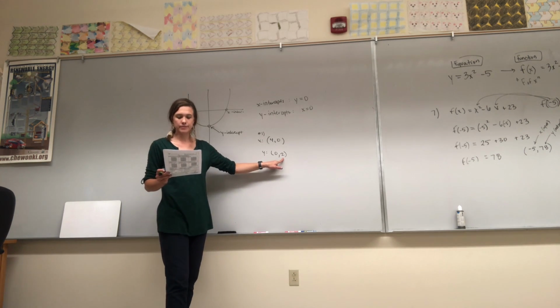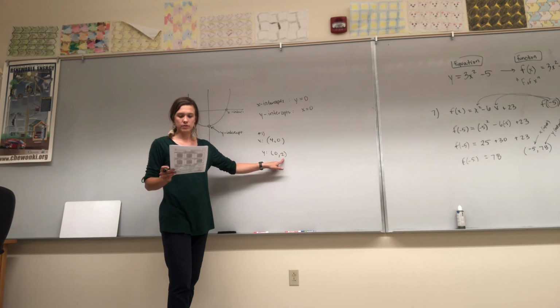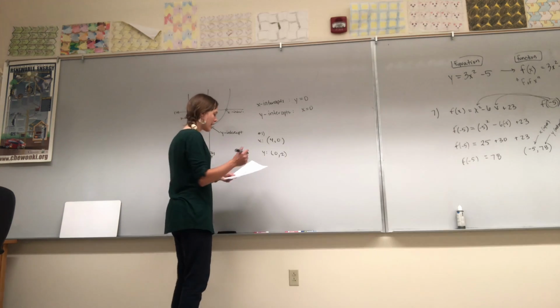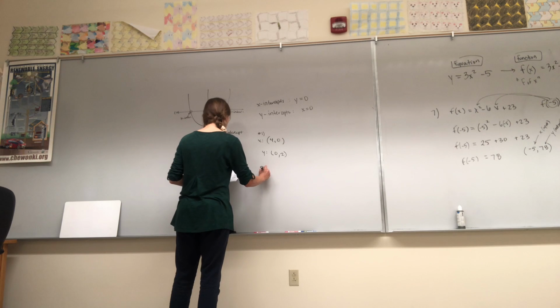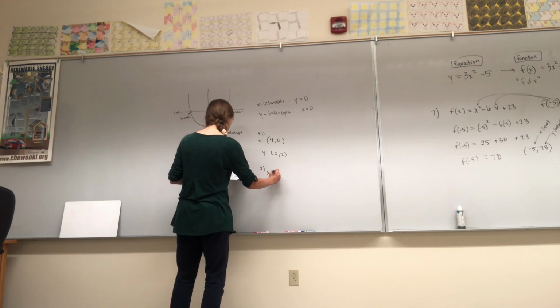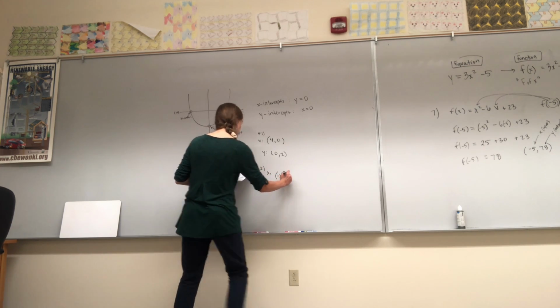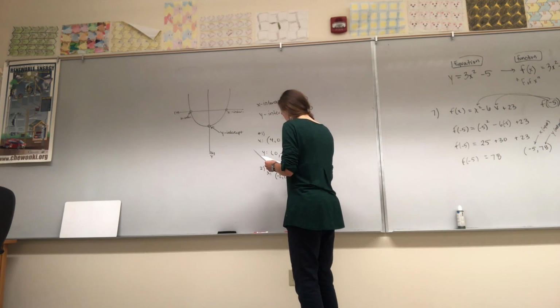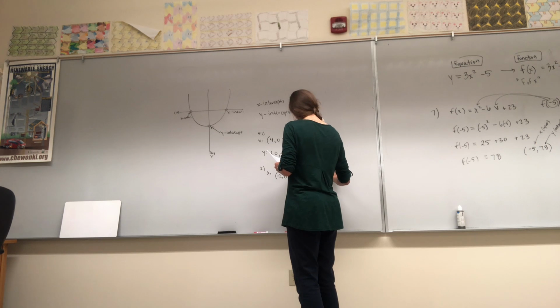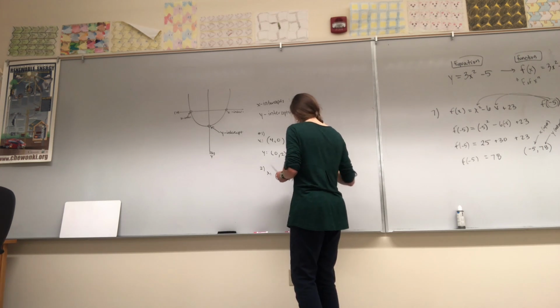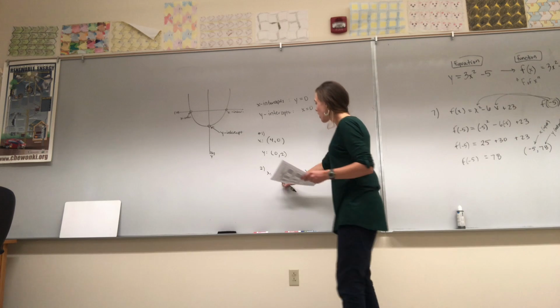So what if there are multiple? You just write them all out, like for number 2. My answers for X-intercepts would be negative 2, 0, comma, negative 1, 0, 2, 0, and 3, 0. So these are all X-intercepts.